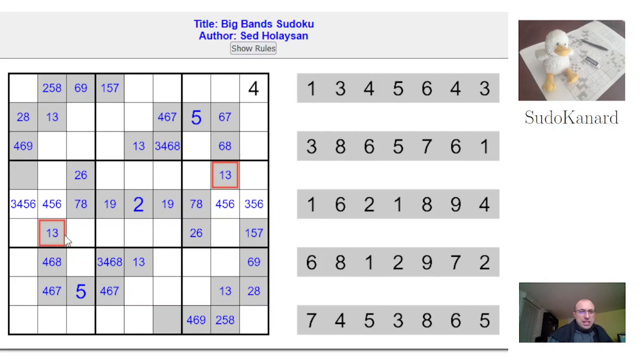And that's interesting because here we have a 1-3 pair, and this cell sees both, so this cell can't contain a 1. And the same is happening here. This cell here is the end of this or that, and it can't be 1, so it has to be 4, 5, or 7.